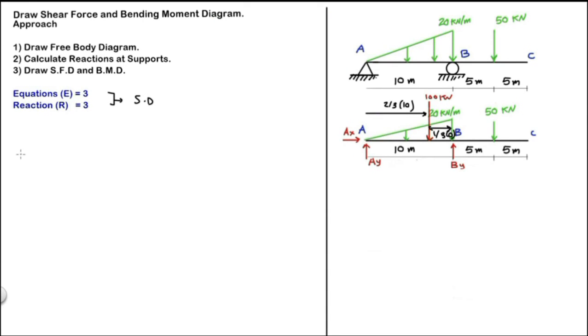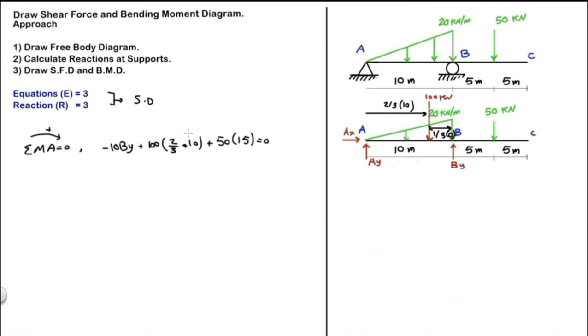Now let's take the summation of moment about point A, and I will take positive as clockwise. There is minus 10 By plus 100 multiplied by 2/3 of 10 plus 50 multiplied by 15 equals 0.